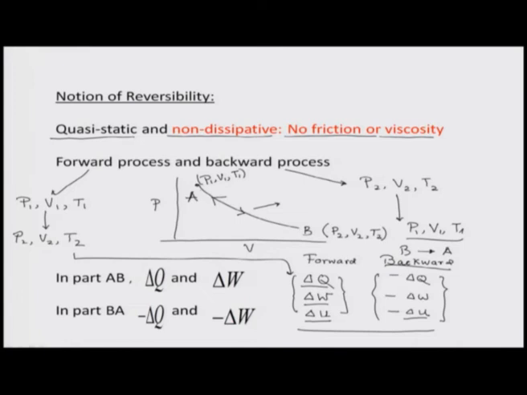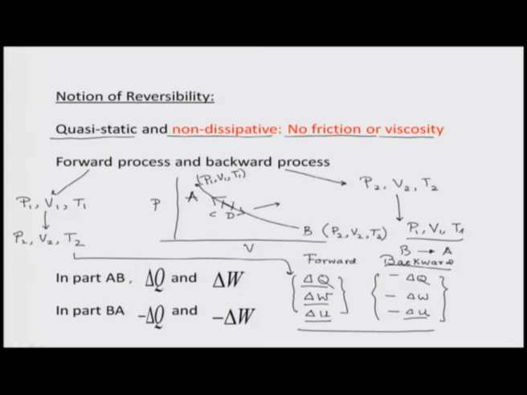Now, if you consider a finite process from A to B which I have drawn here, you can take any section of this. Let us say this is from C to D, a small part of the entire PV diagram. This small part should also be reversible. What do we mean by that?